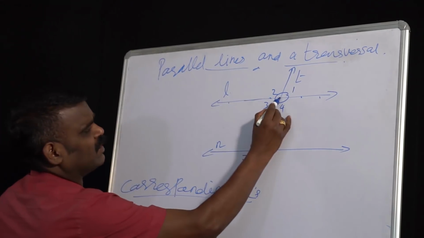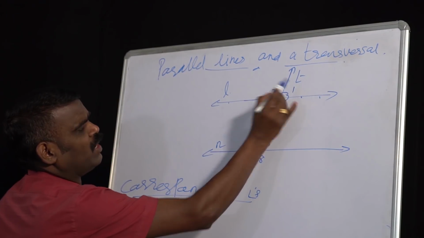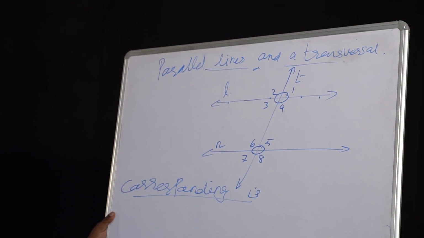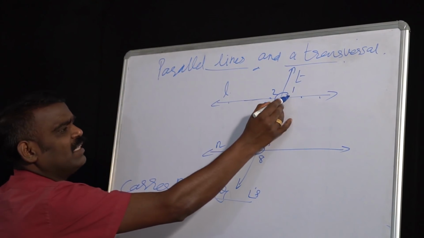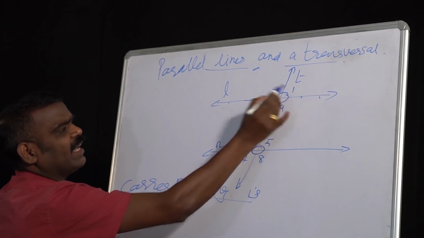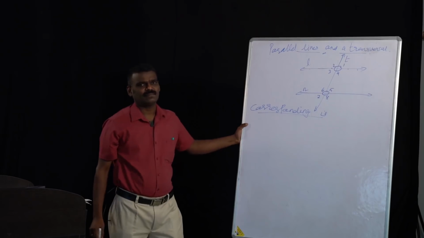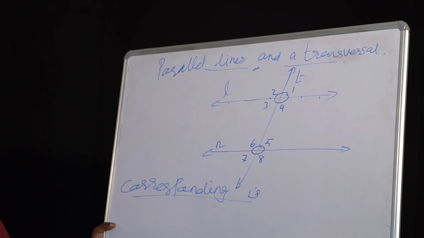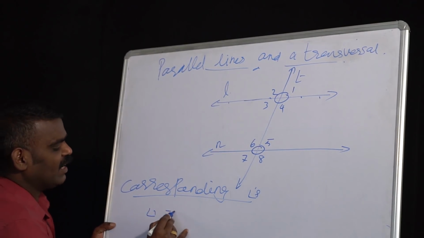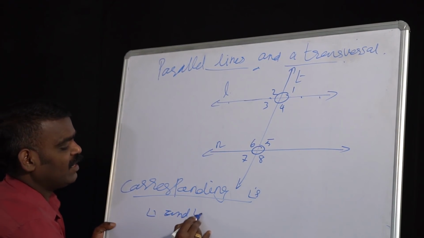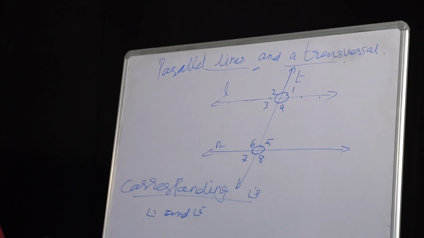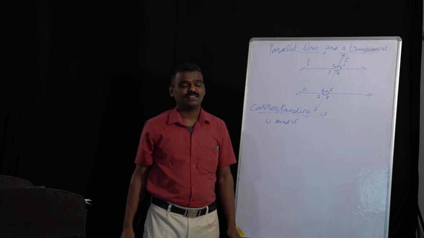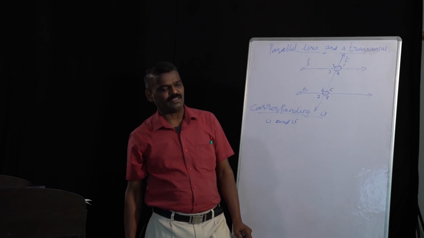See, angle 1 and 5 are on the same side of the transversal, as well as angle 1 is just above the parallel line. Am I right? Angle 5 is also just above the parallel line. Am I right? So angle 1 and angle 5 are corresponding angles.